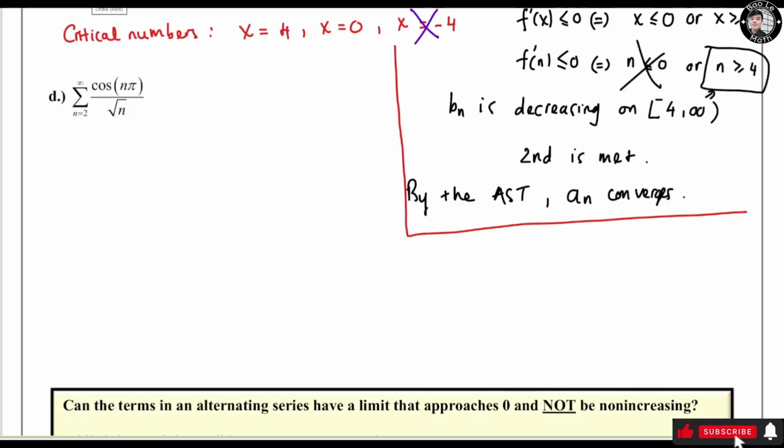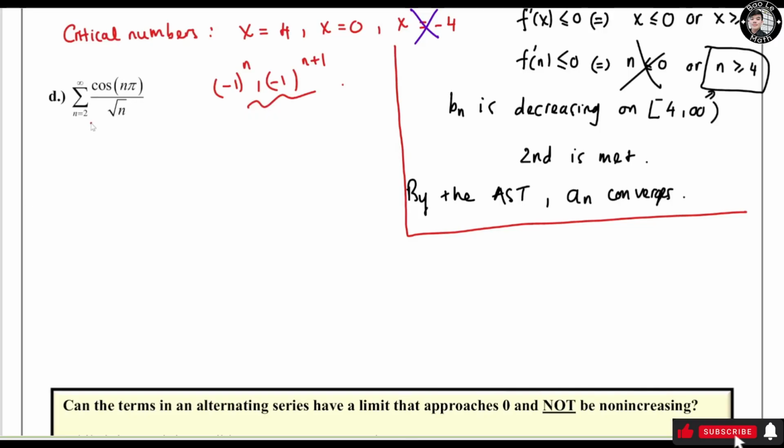Now let's move on to question D. Question D is interesting. Why? Because you don't have (-1) to the n or (-1) to the n plus 1. So in order to use the alternating series test, you need these two conditions, but this one is hidden.